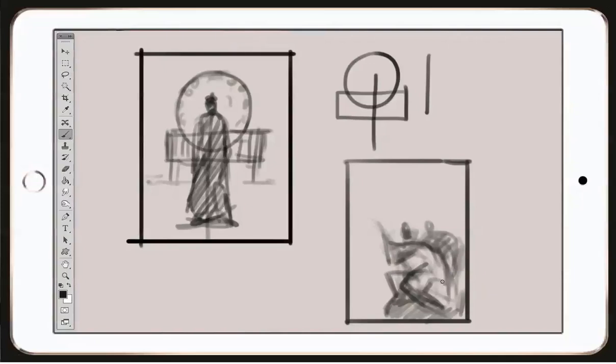This is how you actually should begin your compositions, working them out in really rough, quick, small thumbnails like this, in which you also suggest what the value pattern should be. Right now you can see this dark value against the lighter background. And what I'm going to do is add some more rock on this side.